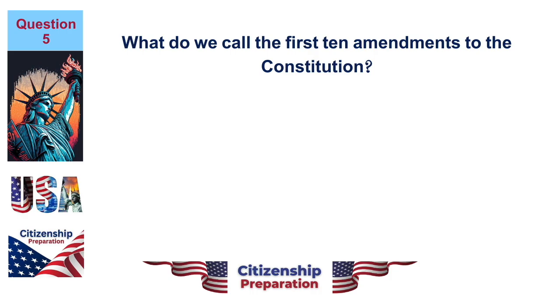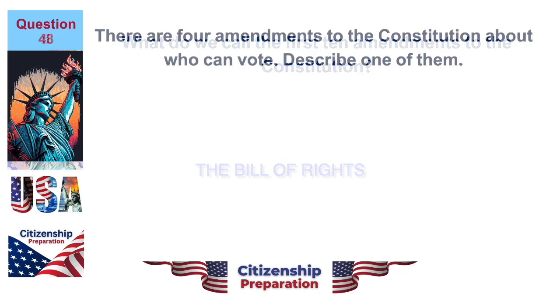What do we call the first 10 amendments to the Constitution? The Bill of Rights. There are 4 amendments to the Constitution about who can vote. Describe one of them.